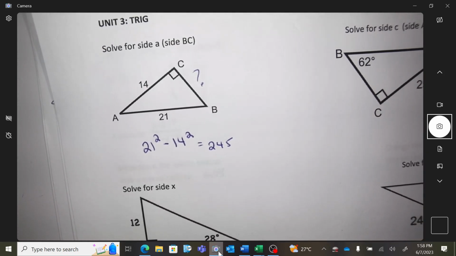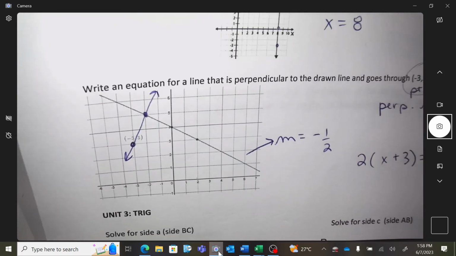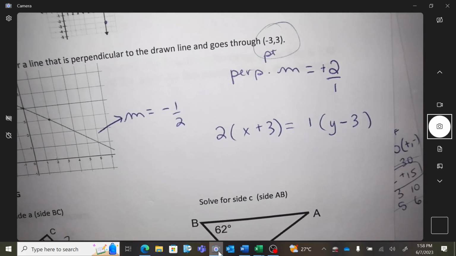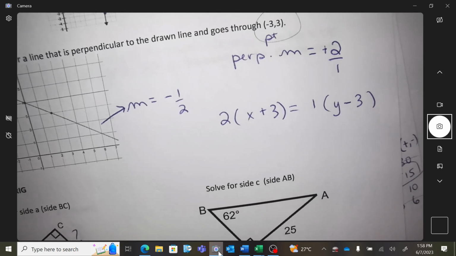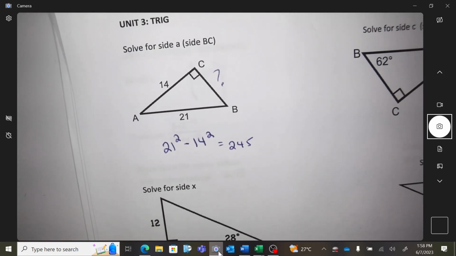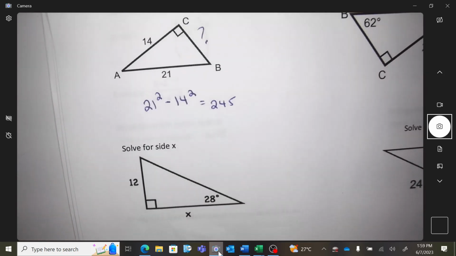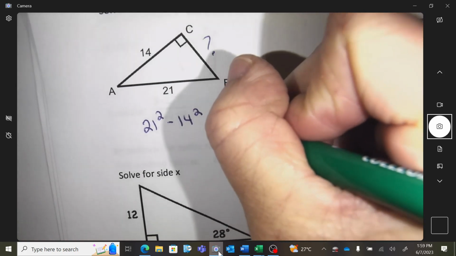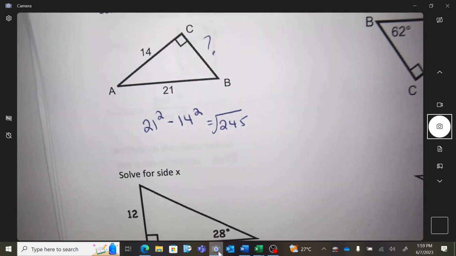Could you go up to the last question? Good? Okay. Ooh, I did something wrong. What's the thing I haven't done yet? I have to square root that, right?